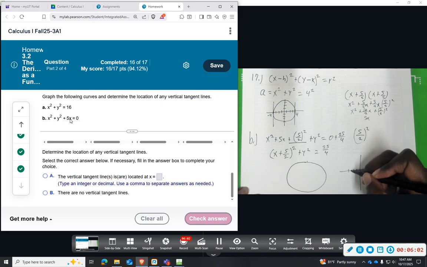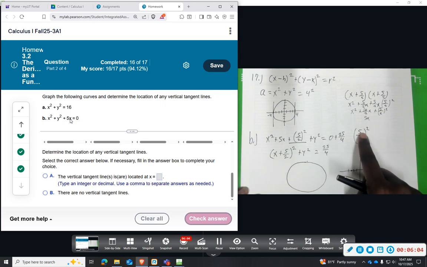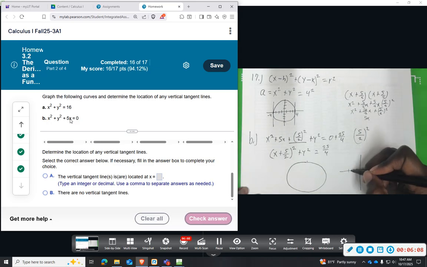So this is my center, and then the radius of the circle would be 2.5. So it'll still be a circle, but with a radius of 2.5. So we'll go 0.5, 1, 2. So it'll be at -5 and at 0.